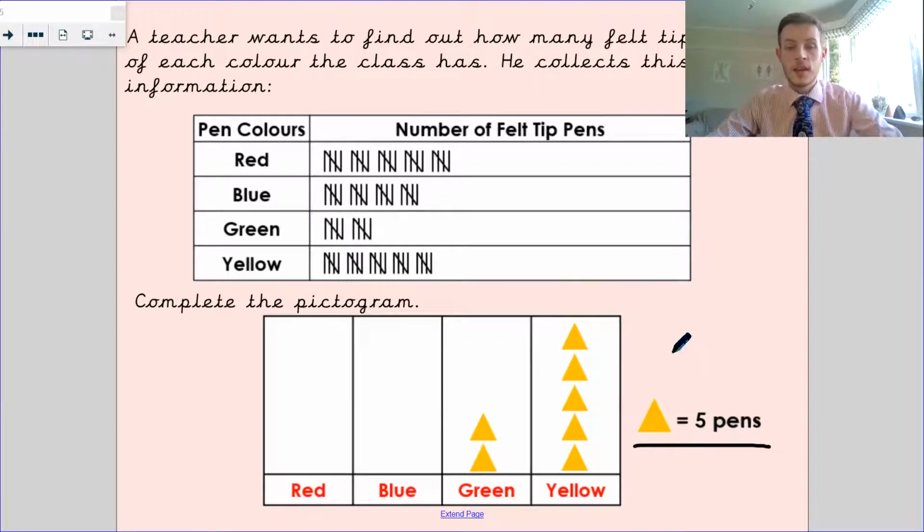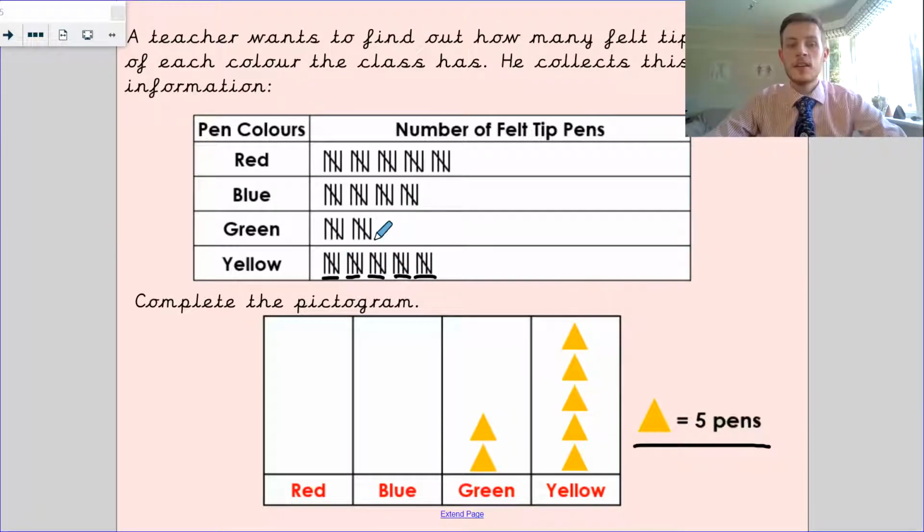Which is fantastic, because that means I can grab one of these triangles and make a pictogram. And it's going up this pictogram instead of going across this time. So for yellow, it says I've got 5, 10, 15, 20, 25. Because they're in groups of 5, the full sets, I can just count them in their 5s.